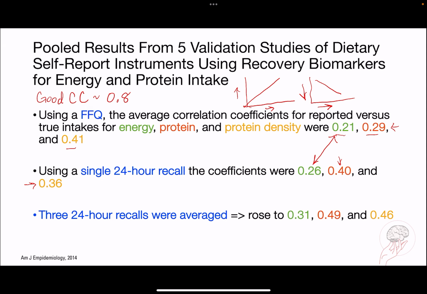When 3 24-hour recalls were used, the correlation coefficients increased to 0.31, 0.49, and 0.46 respectively. But again, if we're considering what a good correlation coefficient is, these are still well below what we would consider a good or a strong correlation.